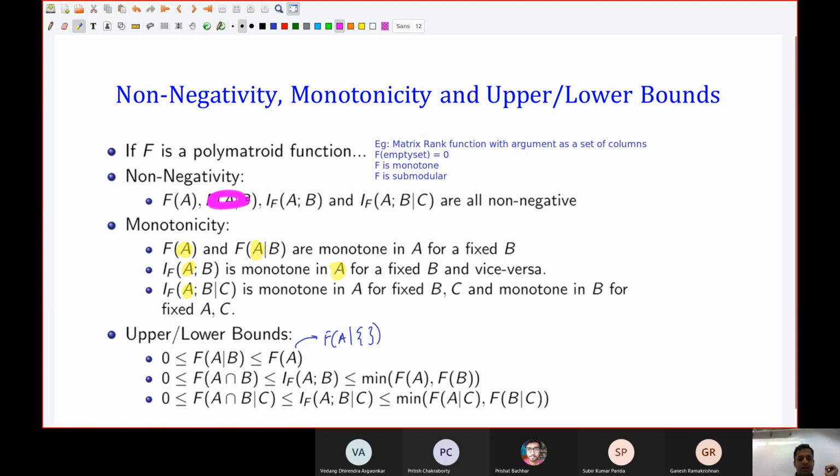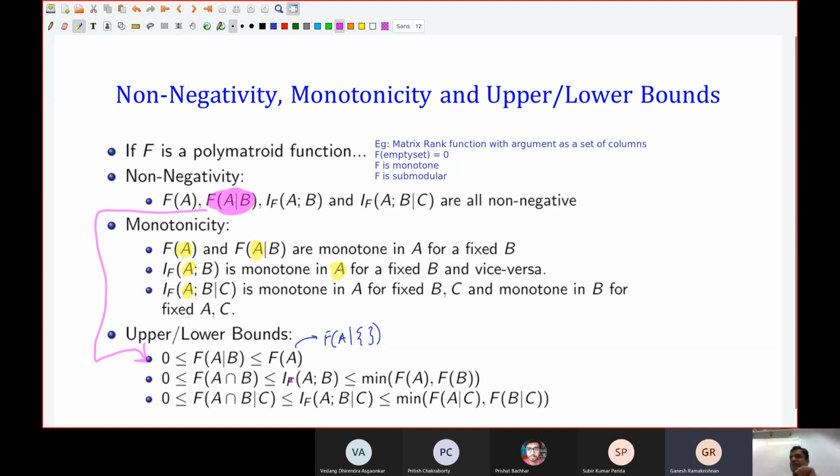This property: f of A intersection B is a lower bound for the mutual information between A and B. We always visualize mutual information as the information of the intersection. But here we see that the function value on the intersection is still less than the mutual information because it's not the intersection, it's through the function that we see the mutual information, right?